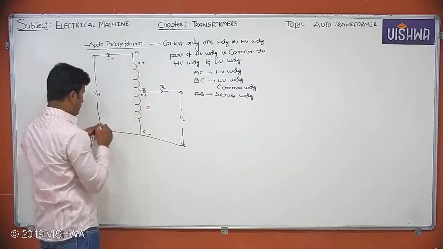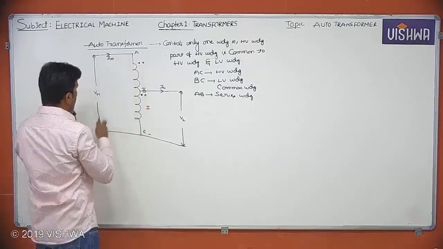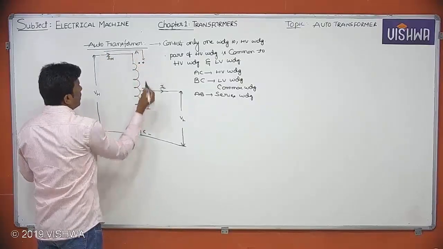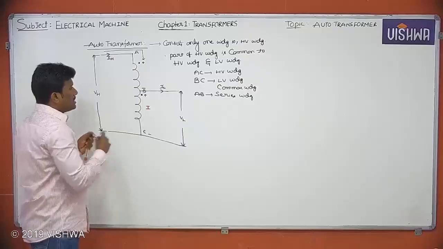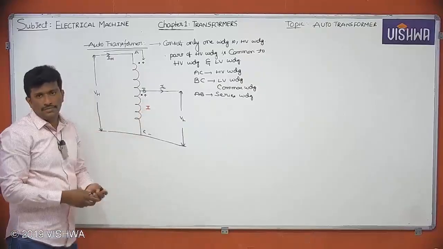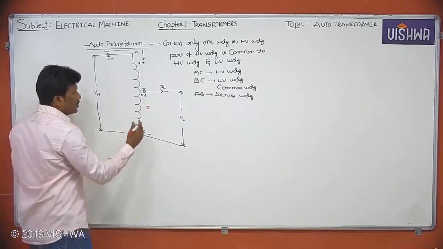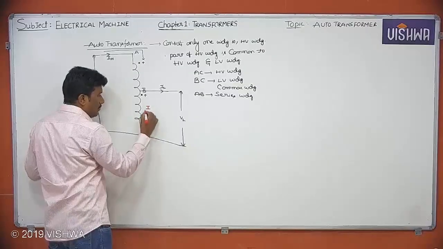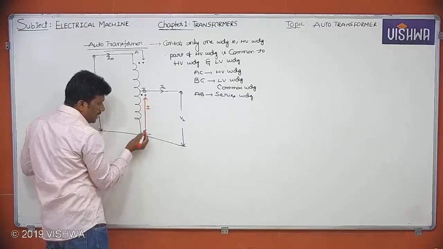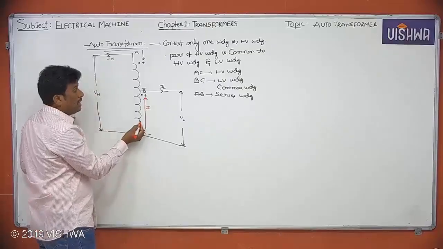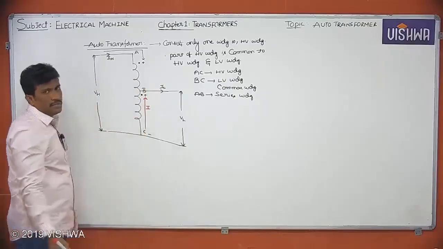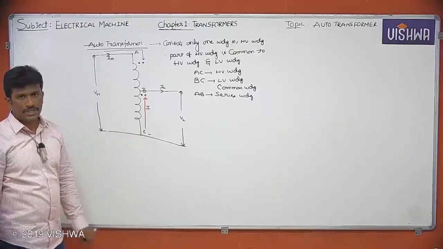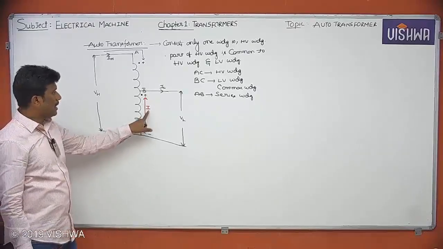Therefore, from this dot, current has to leave. So the direction of I should be like this, upwards. Then only it is entering at the non-dotted terminal and leaving from the dot. Like this, you have to decide the direction of the common winding current. Is it clear?